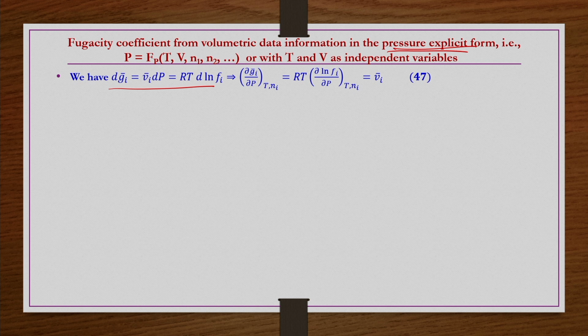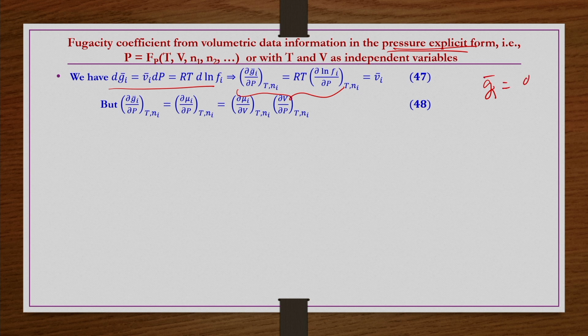But anyway we do not need this third part, we need only this part. But what is G_i bar? G_i bar is nothing but ∂G/∂N_i at constant temperature, pressure and N_j.